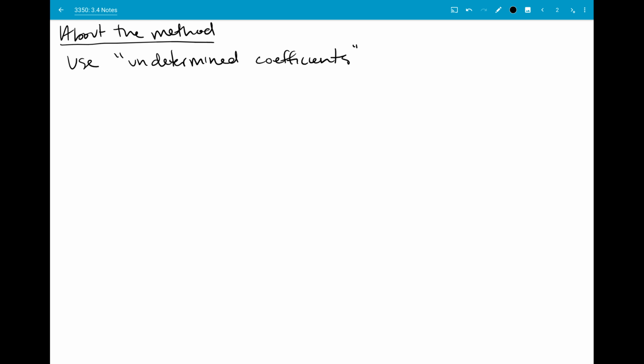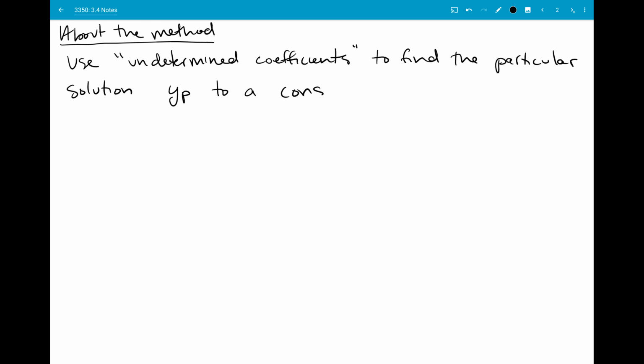It's going to be when we want to find the particular solution that we'll denote y sub p to a constant coefficient non-homogeneous differential equation. I barely fit that on the slide.